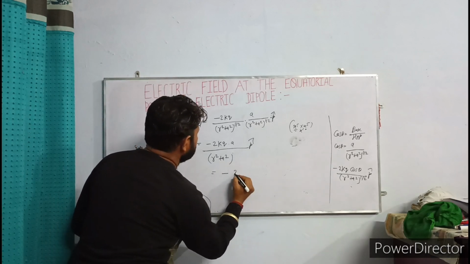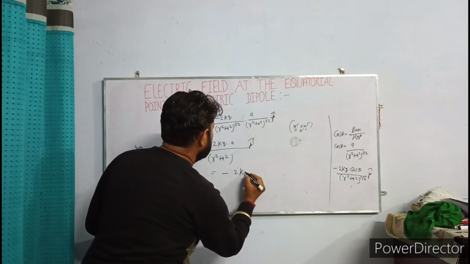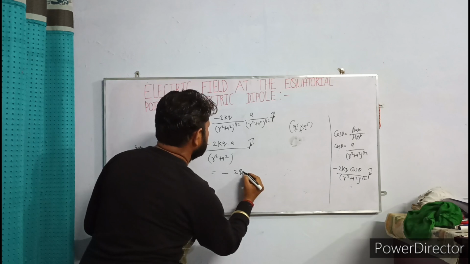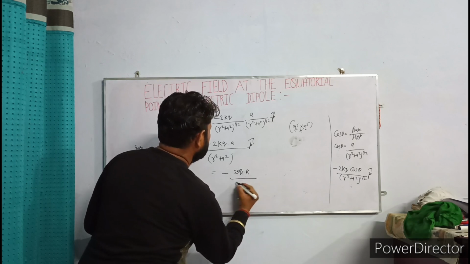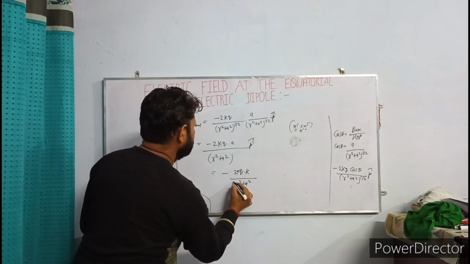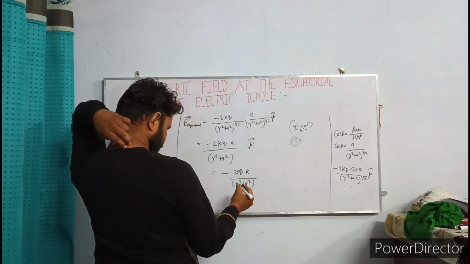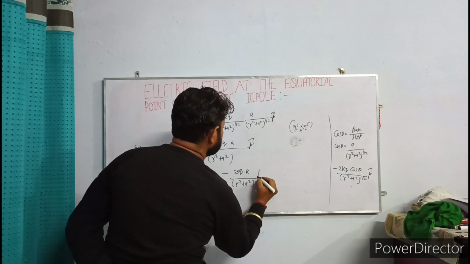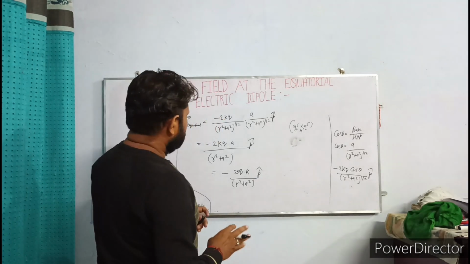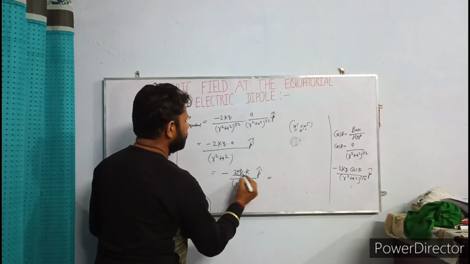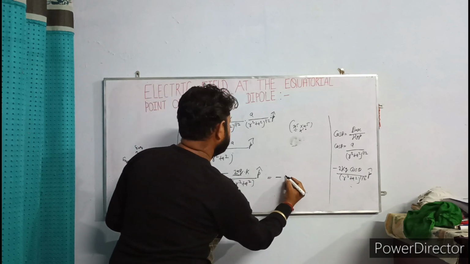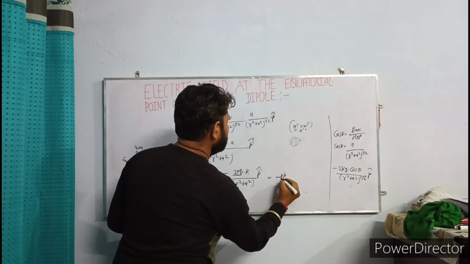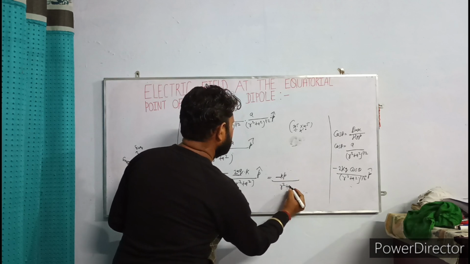Now minus 2k, and we know that 2q into aq multiplied by k upon r square plus a square is equal to its value, the dipole moment, so minus p, minus kp upon r square plus a square.